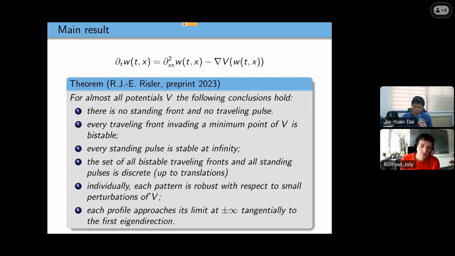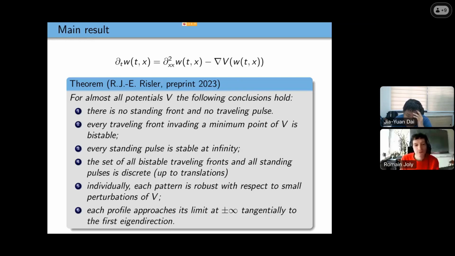And then you also get much more information, such as that the set of bistable traveling fronts is discrete, that they are robust under small perturbations of your PDE, and that the asymptotic profile in x is what you expect: it approaches the limits along the first eigendirection, and the asymptotic speed is given by the first eigenvalue.